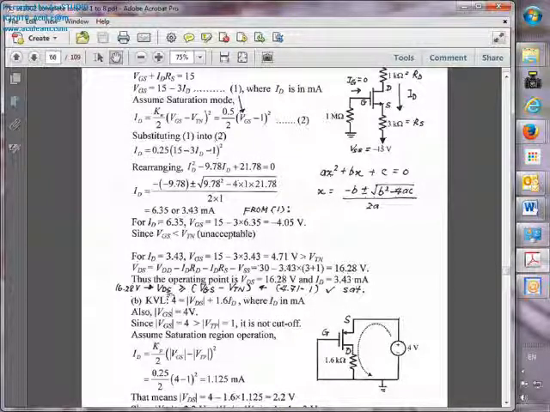VDS was obtained just now to be equal to 16.28, while VGS is 4.71 and VTN is 1. 4.71 minus 1 will give you 3.71. So this side here is indeed larger than this side. This means the transistor is working in saturation.